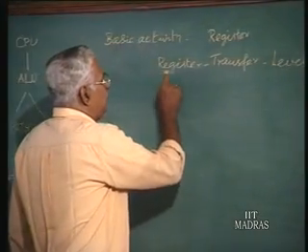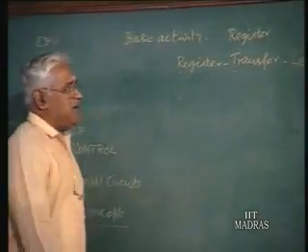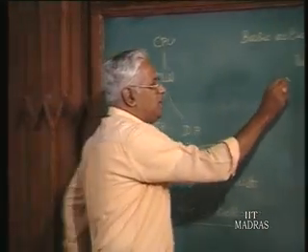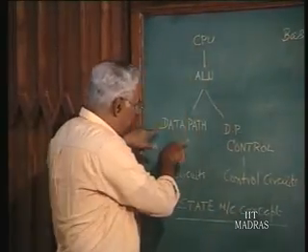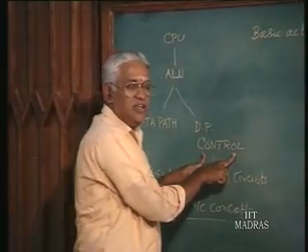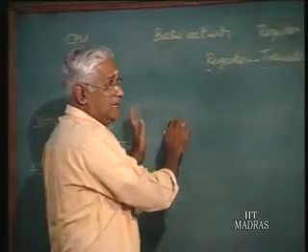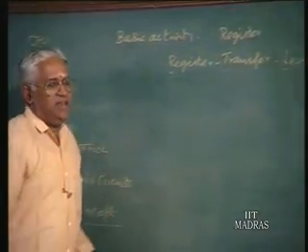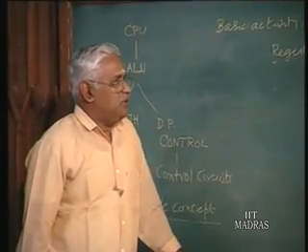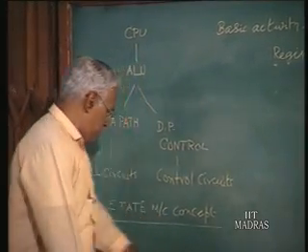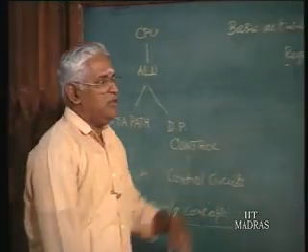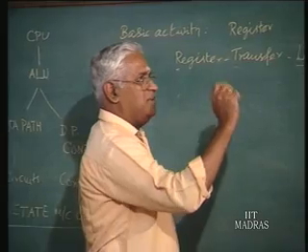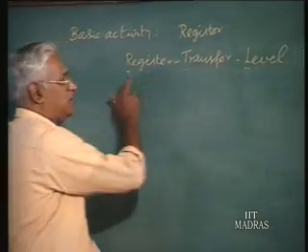So a register transfer level activity is what the CPU is going to do, and the design of a CPU will consist of design of the data path circuit and the design of the control circuit, and the entire behavior will be at the basic level, that is the RTL level. That is what it is. Now let us develop some concept of the state machine before we proceed to take a look at the RTL. For the present, note that at the state, that is during one clock period, this is what is going on.